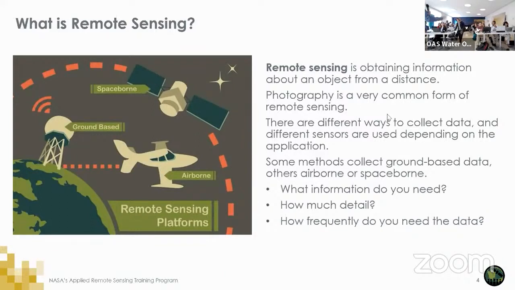But anything we do with space or from space is absolutely critically important with the ground element. So to have somebody there to validate what you're seeing from space is so important.